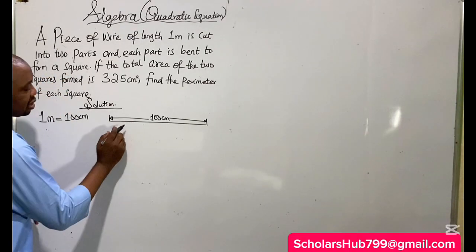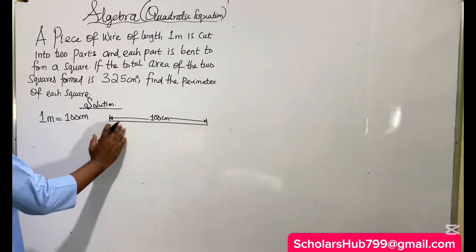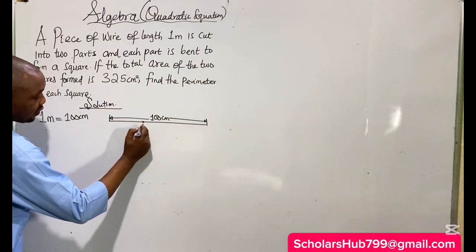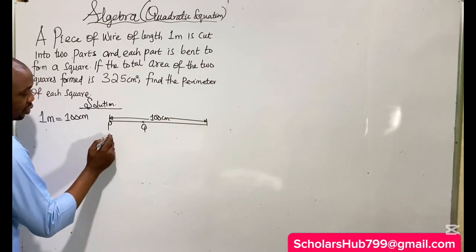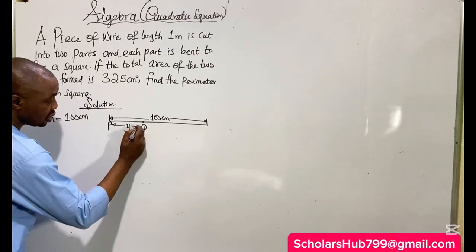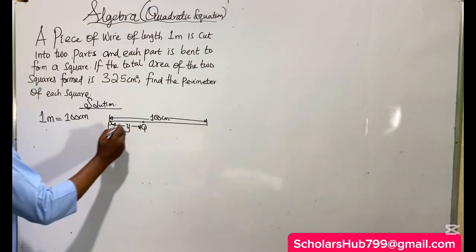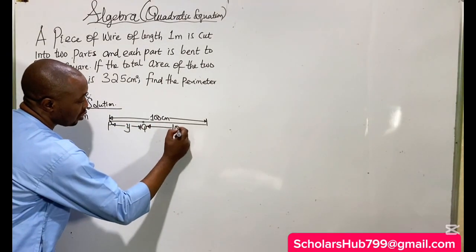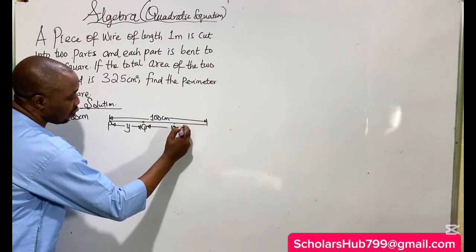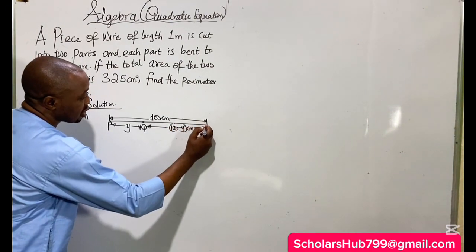Now the wire is cut into two parts. Let's say the first piece is labeled PQ, and let's represent the length of one piece as y, and the length of the other piece as 100 minus y centimeters.